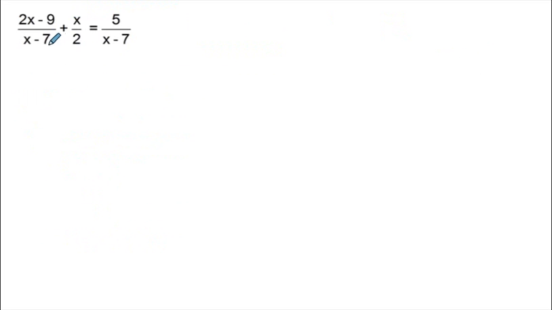Now we're going to look at the next example problem. It has a little layer of complexity to it here. We have 2x minus 9 over x minus 7 plus x over 2 equals 5 over x minus 7. Here our least common denominator is a little easier to spot, because in all these denominators 2 only appears in this second expression, and then we have x minus 7.